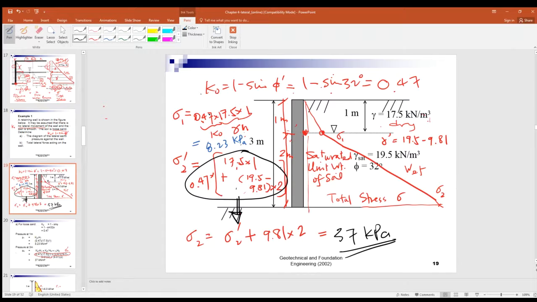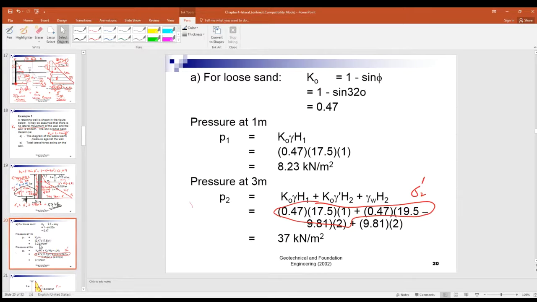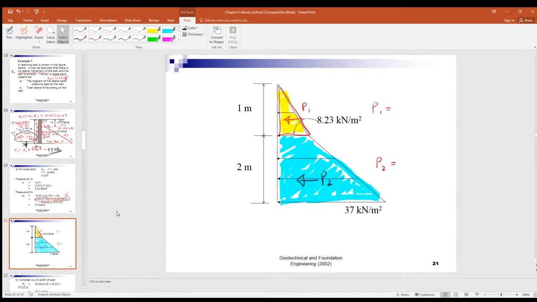Sigma 2 dash, right? Plus the pore water pressure. That's the U. So when you draw the total pressure diagram, total pressure diagram, sigma, right?